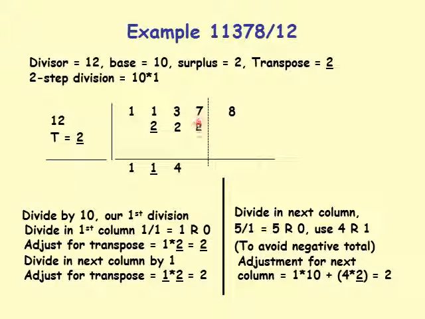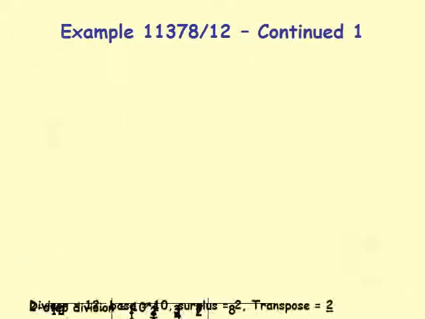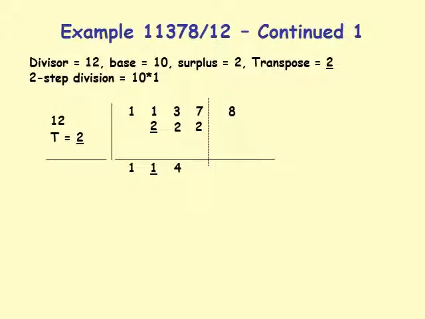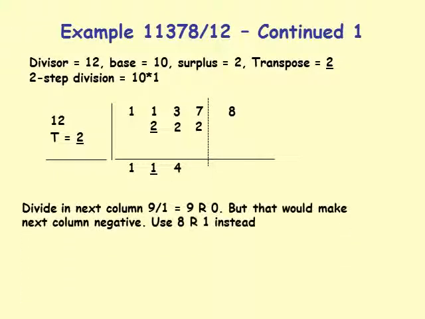Now in this next column we got 7 plus 2, which is 9. We would divide in the next column. 9 divided by 1 is 9 remainder 0, but that would make the next column negative. So we will use 8 remainder 1 instead. Let's continue. So we got 8 here, and 1 is the remainder.